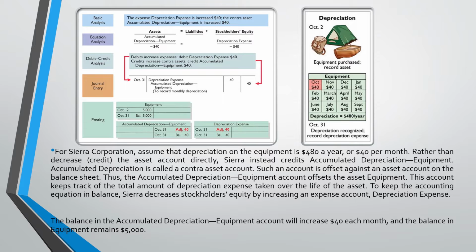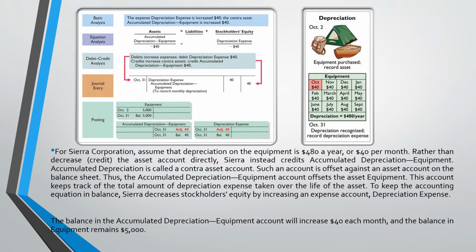Right here, our corporation is assuming the depreciation for the equipment is $480 a year. That would give us $40 per month to adjust. Rather than crediting the asset account directly, we instead credit accumulated depreciation equipment.